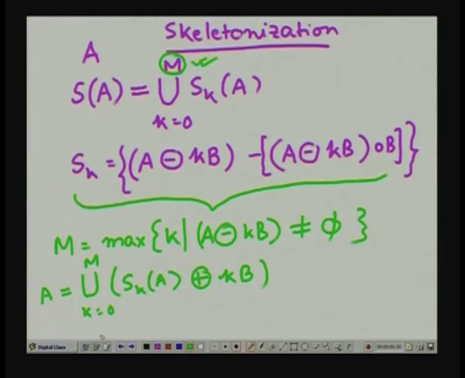So, let us illustrate this skeletonization and finally getting back our original point set A from the subskeletons with the help of an example.